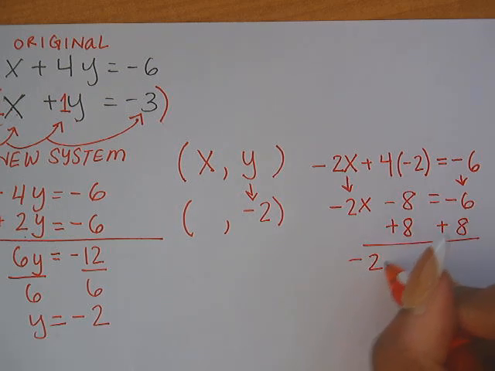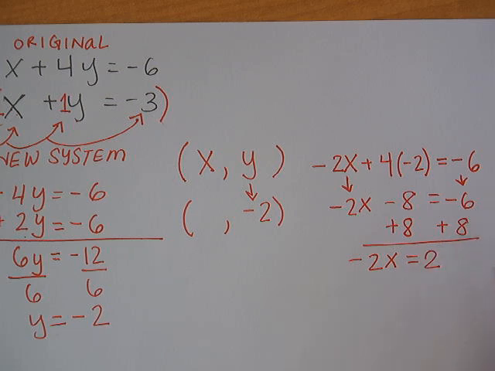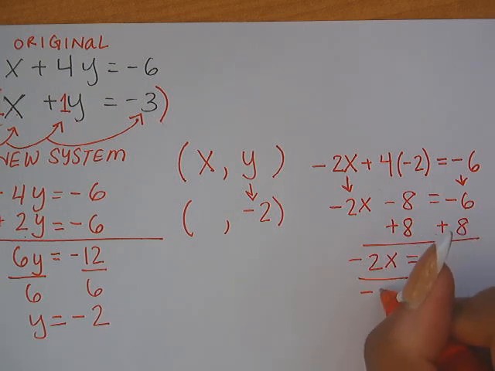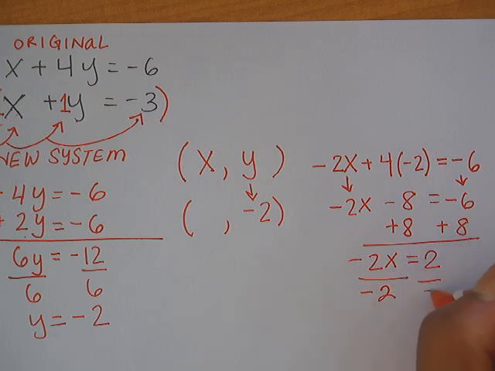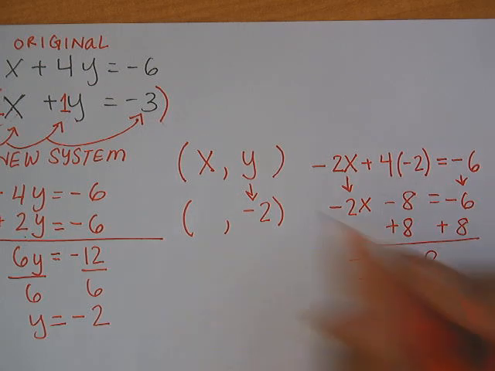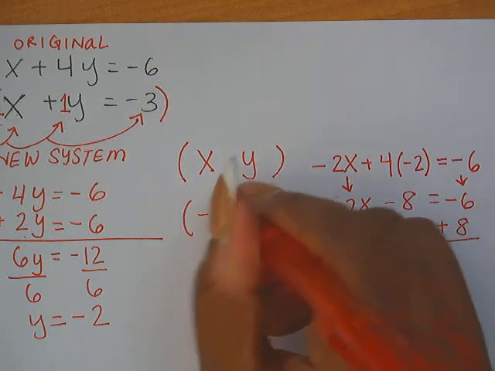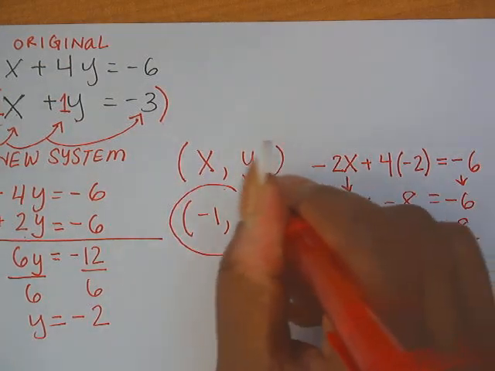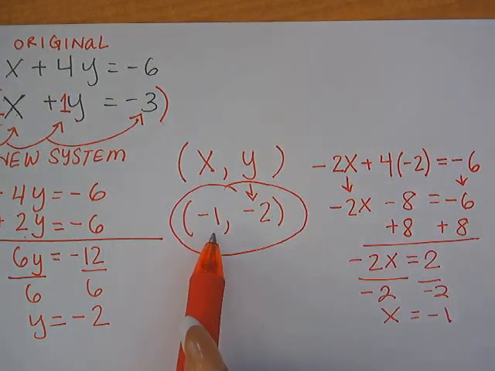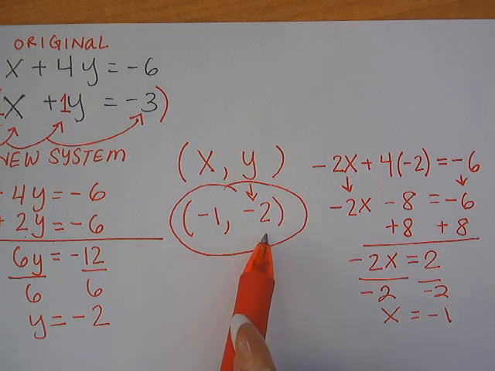I'm left with -2x equals 2. Lastly, I need to divide -2 on both sides. So I'm left with x is equal to -1. So my solution for my x-coordinate is -1. And my complete answer is the coordinate of -1, comma, -2.